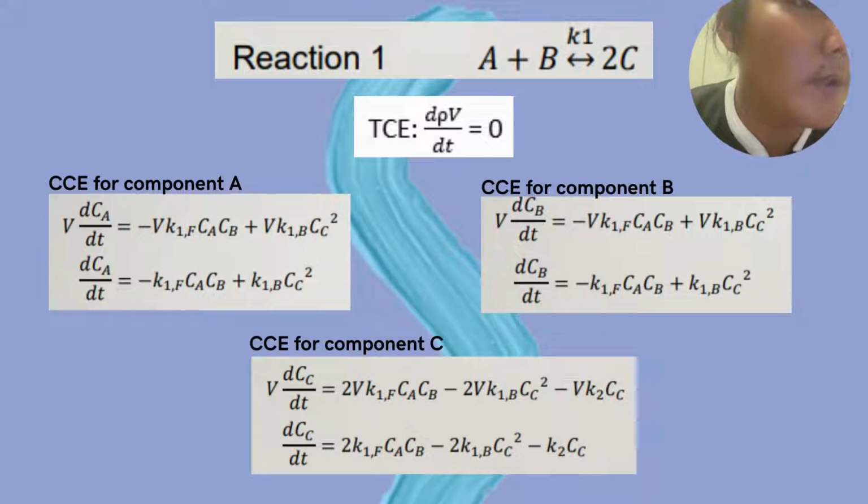Meanwhile, the CCE for component C is 2V K1F CA CB minus 2V K1B CC to the power of 2 minus V K2 CC, and the final answer is 2 K1F CA CB minus 2 K1B CC to the power of 2 minus K2 CC.